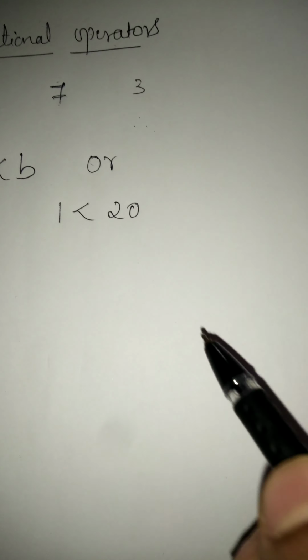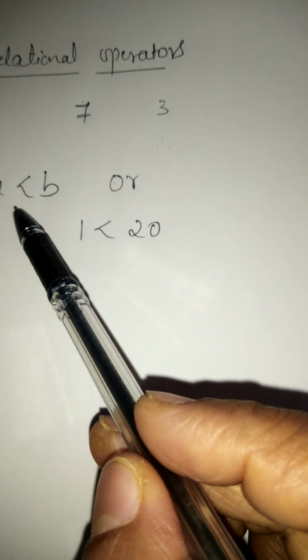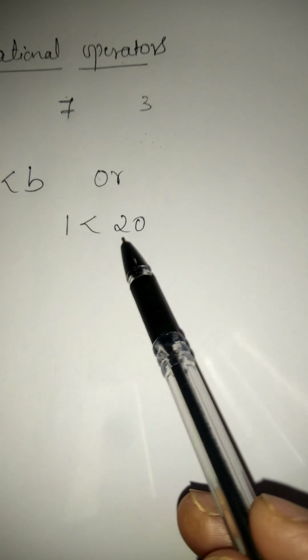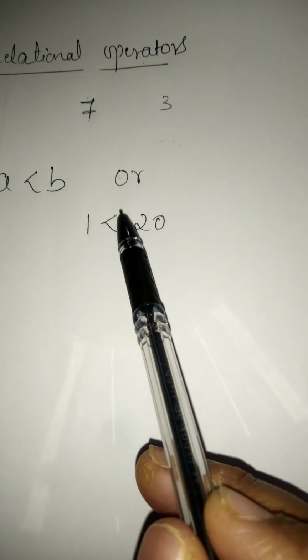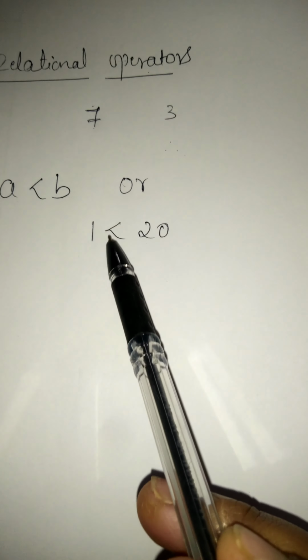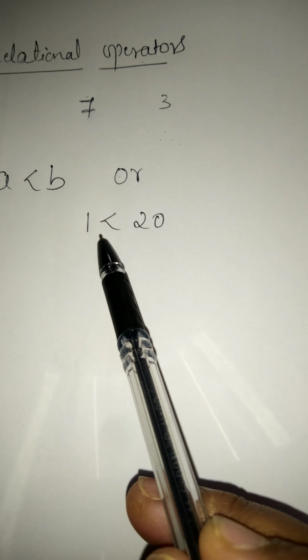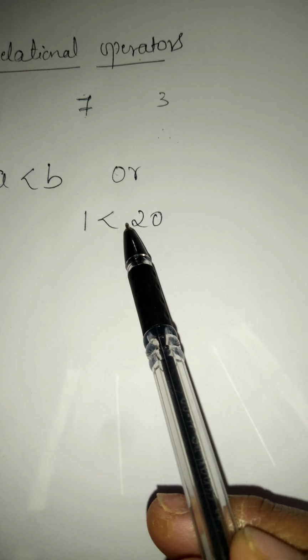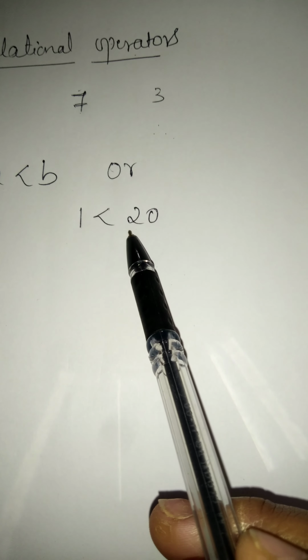For a and b I can give any values, or here I have directly specified the values, 1 less than 20. This less than operator is a relational operator, and this expression is called a relational expression.